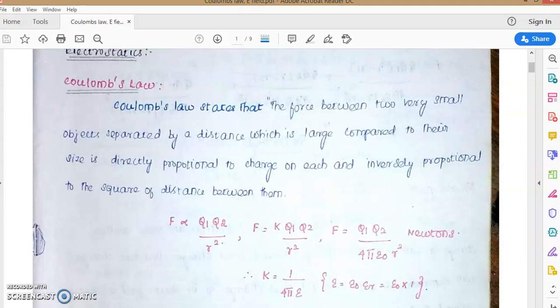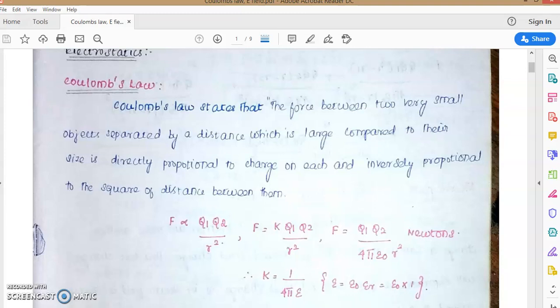Coulomb's law states that the force between two very small objects, separated by a distance that is very large compared to their size, is directly proportional to the charge on each, that is, the product of the two, and inversely proportional to the square of the distance between them.